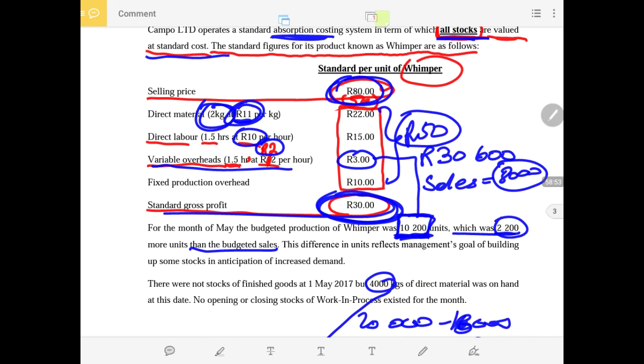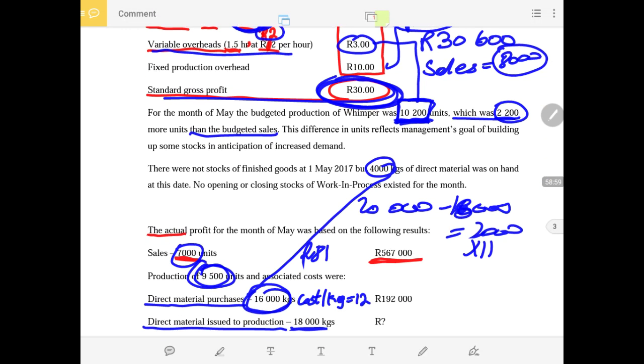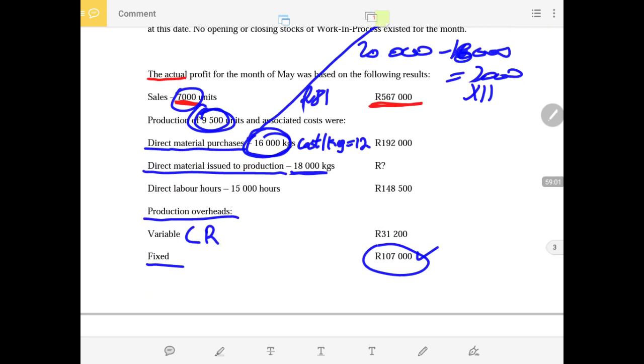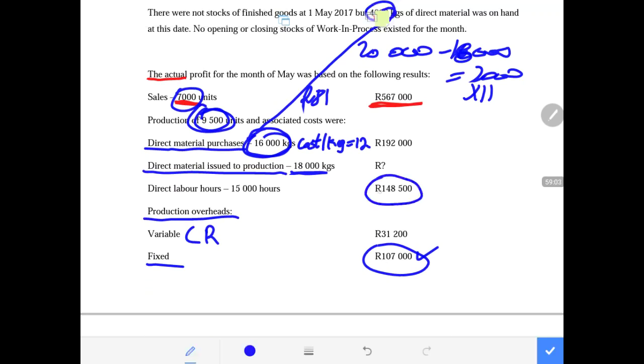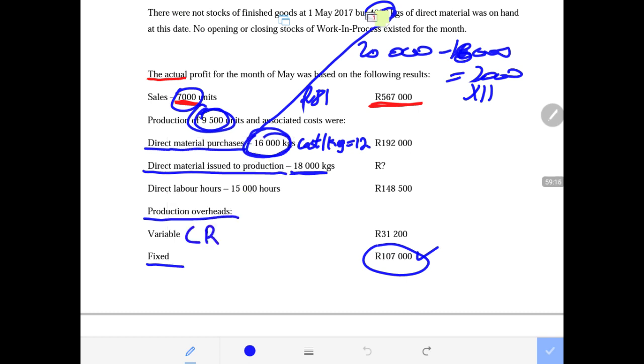My standard rate of labor is 10 Rand. I expect to pay my laborers 10 Rand per hour, but how much did I actually pay them? I paid them the total cost divided by the total hours. Total cost was 148,500. Divide this by 15,000 hours. It was 9 Rand 90 cents.